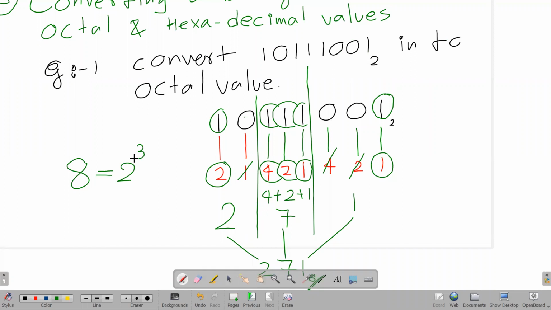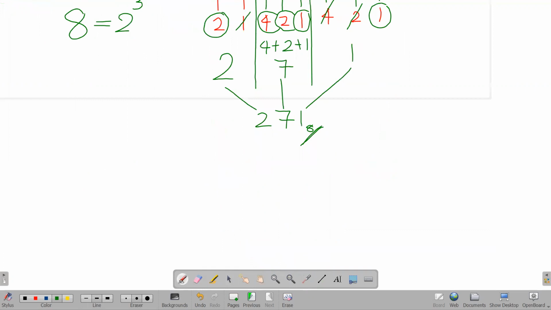Now think and tell me, if we are converting a binary into a hexadecimal, how are we going to do the grouping? How many bits should there be in a group? Yes, 4. Very good. What's the reason? The base 16 equals 2 to the power 4.